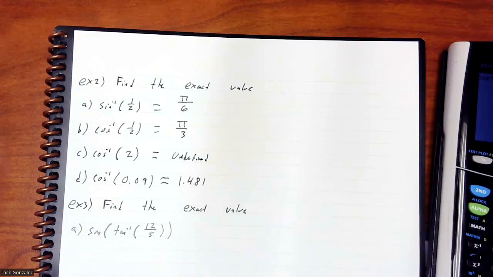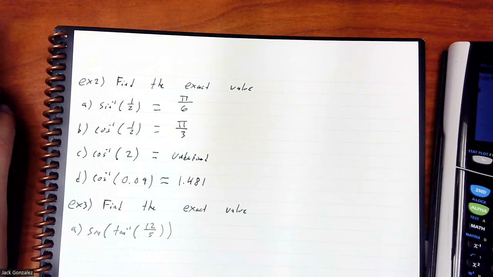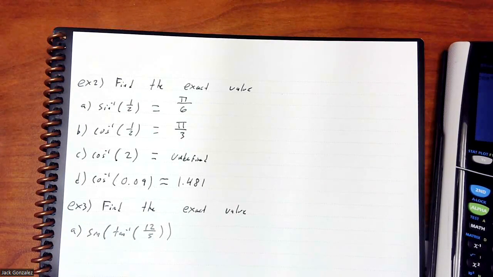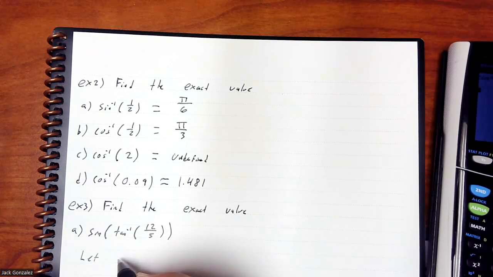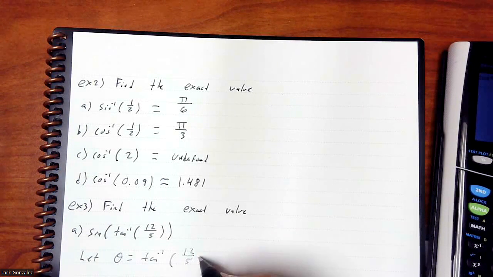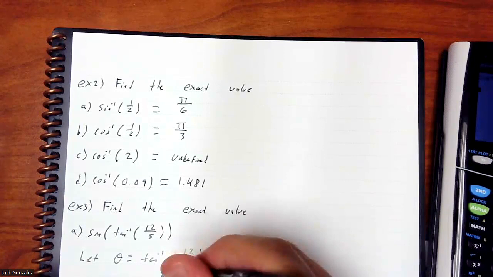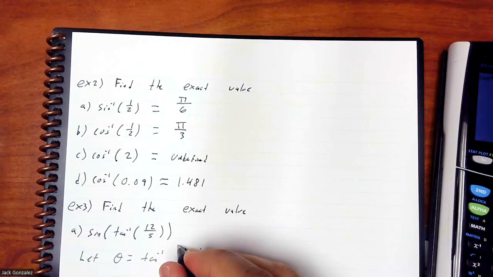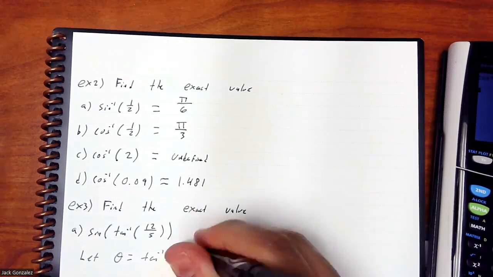So technically your calculator can give you a decimal, but that's not what we're asking. The way I want you to think about this is, say, you know what? Let theta equal tan inverse of 12/5. That looks weird.